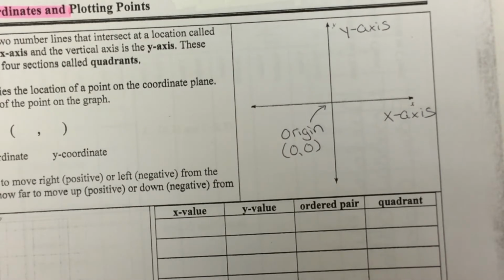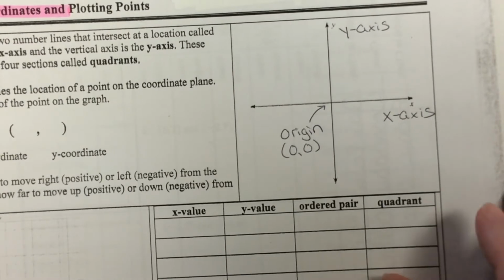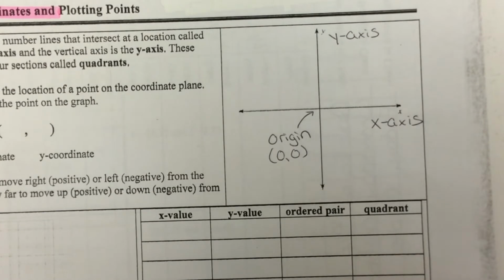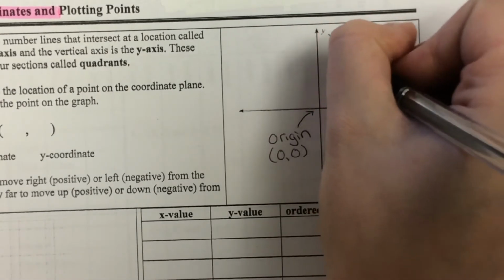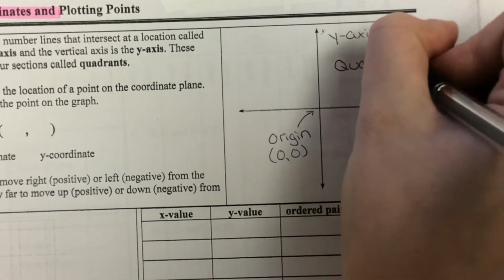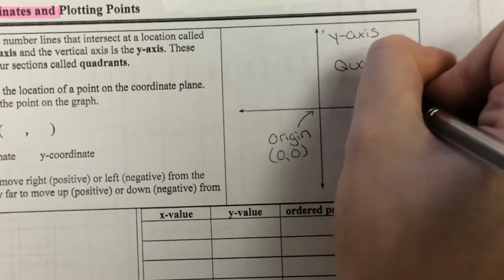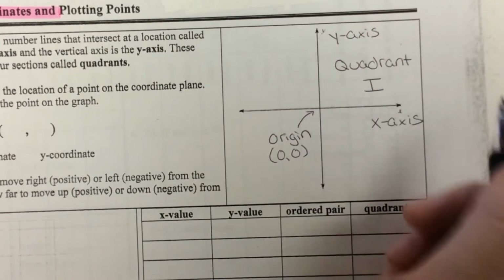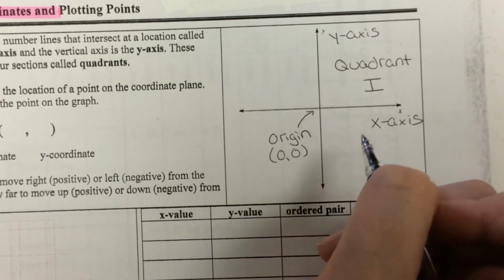Now, these 4 parts are called quadrants, and they're labeled a little bit differently than most people would expect. They start here. This is quadrant 1. And then from here, they move counterclockwise.